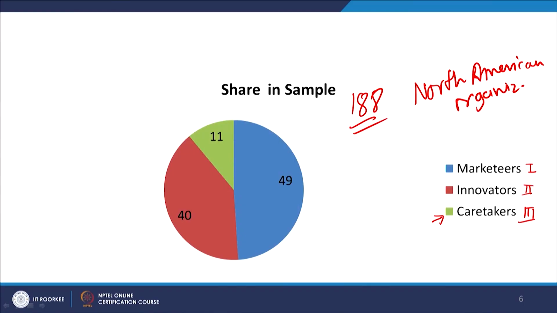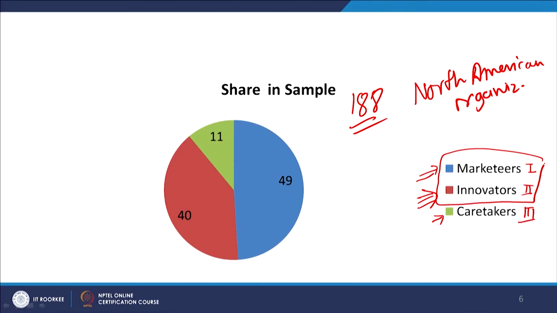In India's case, a large number of organizations may fall under the category of caretakers, because we are living in a very comfort zone kind of situation. So, many Indian organizations will fall in the caretaker category, then second the marketeer, and third the innovator. While, as I just proposed, organizations need not follow this generic classification.